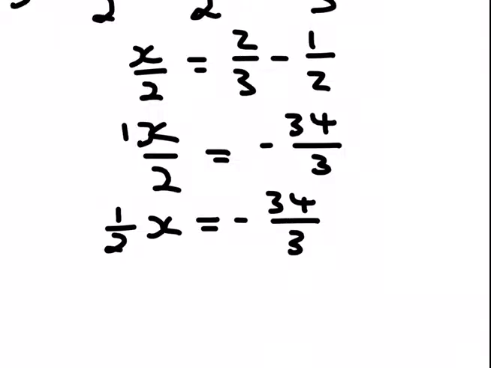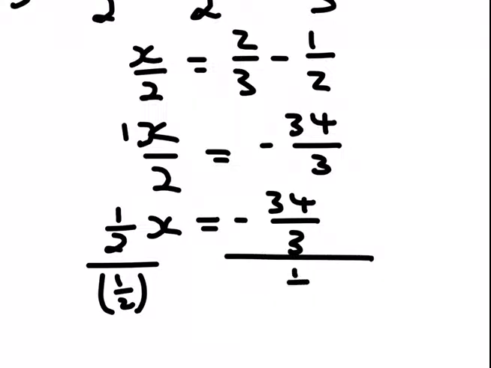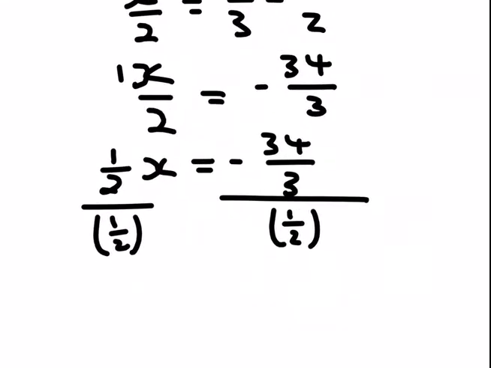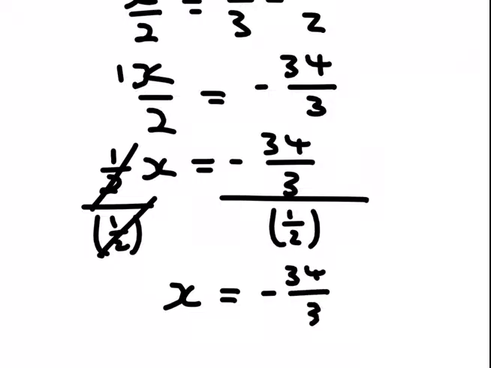Then what you do, you remove that fraction. Remember, whatever you do on the left, you do on the right. Because you are removing a fraction, that's why I put it inside the bracket, so that that and that cancels. Then on your calculator, you will just punch it like this, where you say negative 34 over 3, and then you divide by, you open a bracket, and then you say 1 over 2.